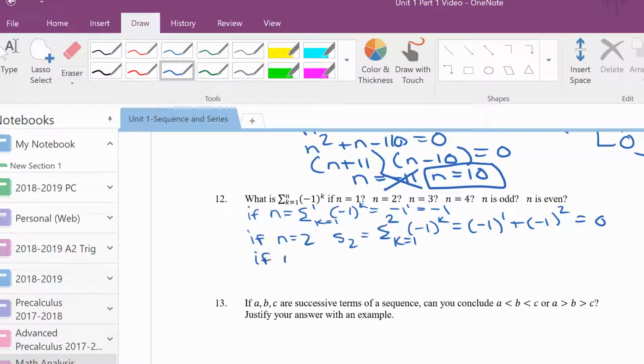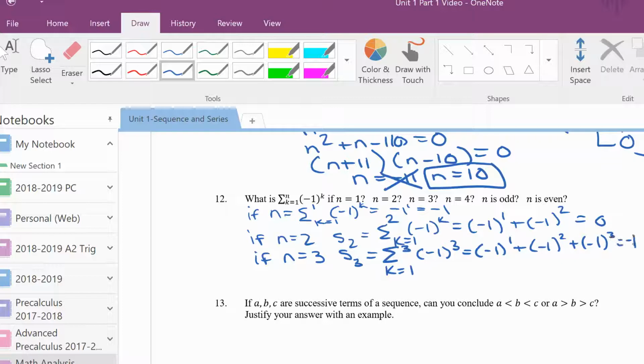And if n equals 3, so it's negative 1 to the first plus negative 1 squared plus negative 1 to the third, which is negative 1.